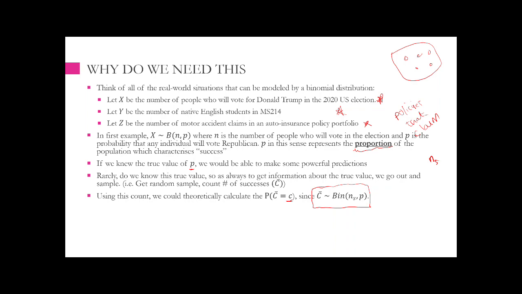It's still a binomial even if you don't sample the entire population, because we're assuming that P is some fixed value that we can use, essentially. So if we take a random sample of n, where n is the number of people in our sample, that should still be a binomial distribution.